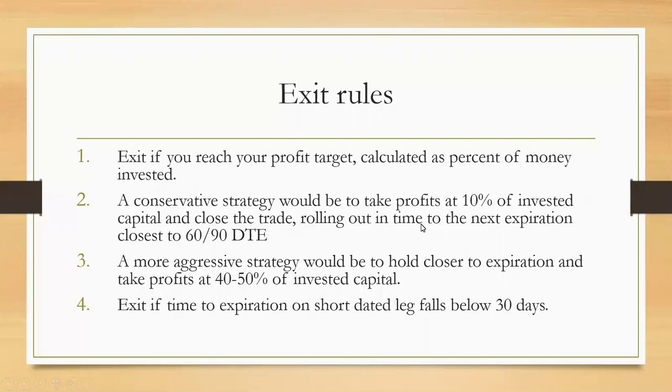If you close a trade out and you're going back into the same expiration, you're really not doing any risk mitigating. Yeah, you might be putting some money in the bank, but you would want to roll out in time if you're putting on a new trade after closing another one. A more aggressive strategy would be to hold closer to expiration, but my rule is I like to be out by 30 days to go.